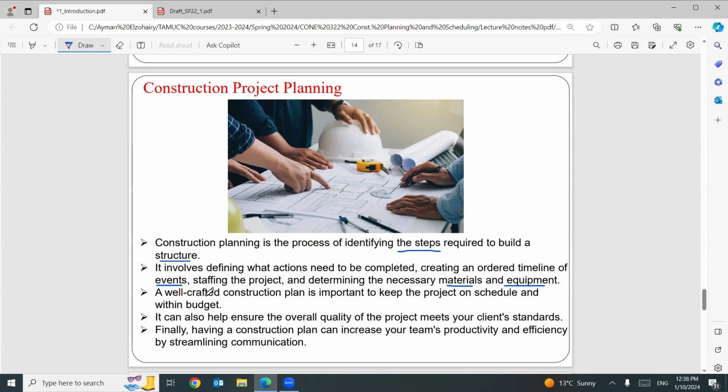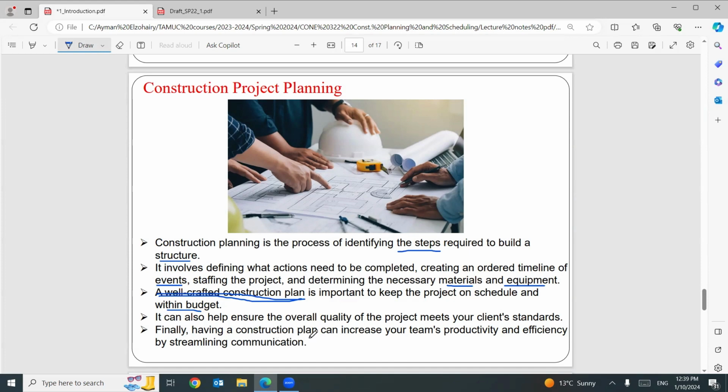A well-crafted construction plan is important to keep the project on schedule and within the budget. It can also help ensure the overall quality of the project meets your client's standards. As a firm owner, or as a designer, or as a contractor, you need to satisfy the client, the standards.